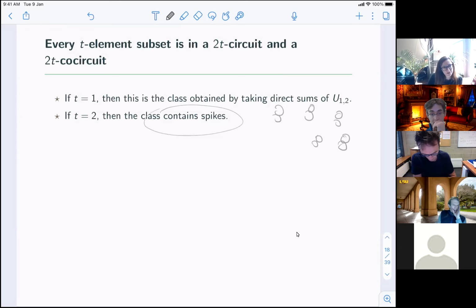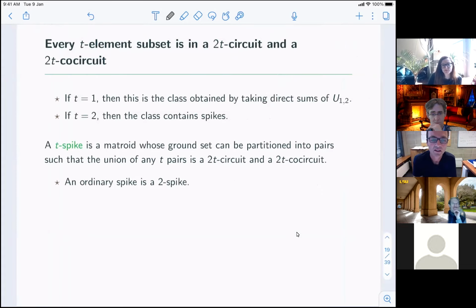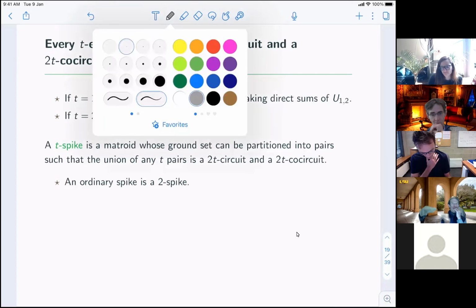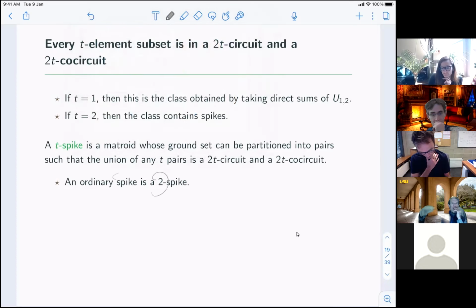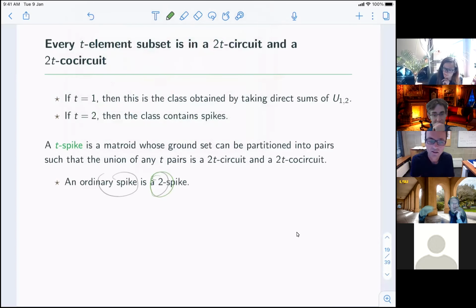In fact, more generically, it turns out that not only does the class contain spikes, but if you're sufficiently large, which is what the theorem is going to come to in a minute, then you're a generalization of a spike. A T-spike is a matroid whose ground set can be partitioned into pairs such that the union of any T pairs is a 2T-circuit and a 2T-co-circuit. So an ordinary spike is a 2-spike.